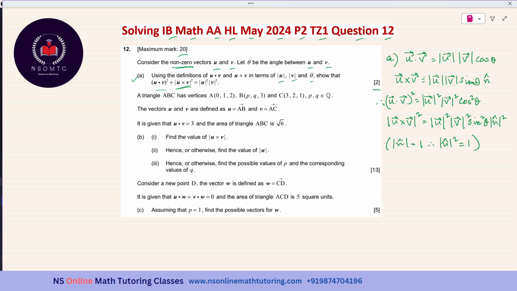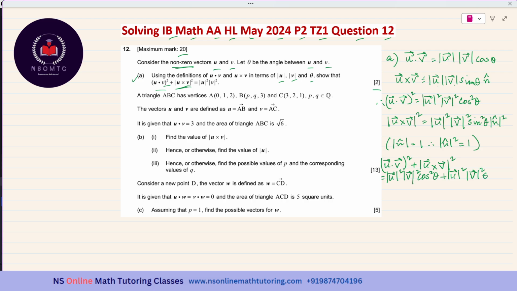Okay, so now I'll be adding these two. So, (u dot v) squared plus the magnitude of u cross v squared is equal to magnitude of u squared, magnitude of v squared, cos squared theta, plus again magnitude of u squared, magnitude of v squared, sine squared theta.